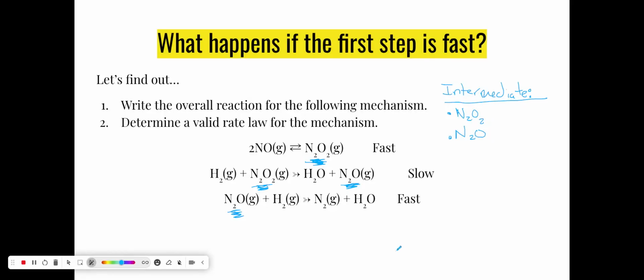Okay, now we just got done talking about how rate laws are written with respect to the slow step, right? So if that's the case, I should be able to write that the rate is equal to the reaction constant k times the concentration of H2 times the concentration of N2O2. And here, folks, we have run into our first snag.